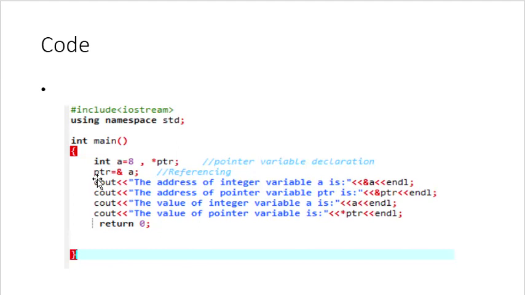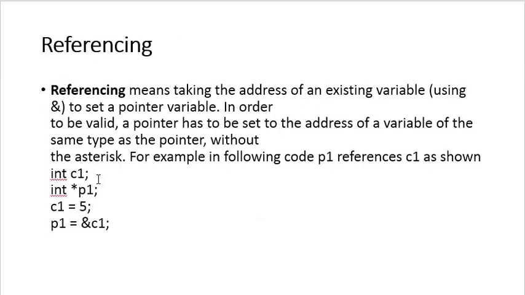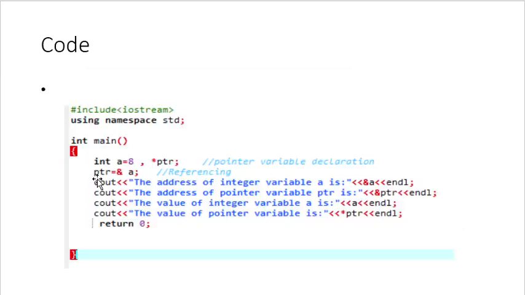From this example you will know that if you write &a, the & is our address operator, so if we write this address operator with any variable, it will give us the address of that variable. And if you write only that variable, it will give you the value. And if you write *ptr, what will it give?